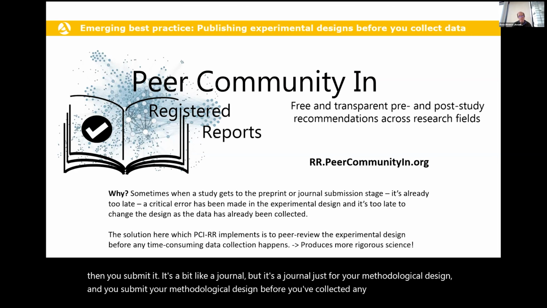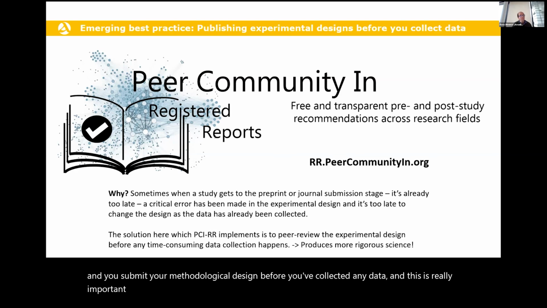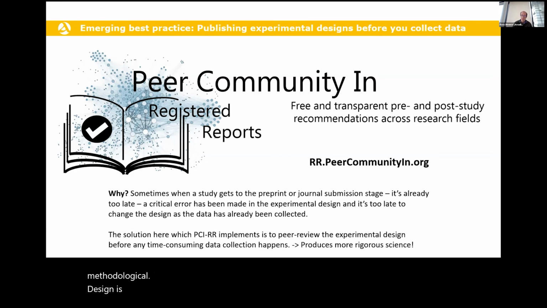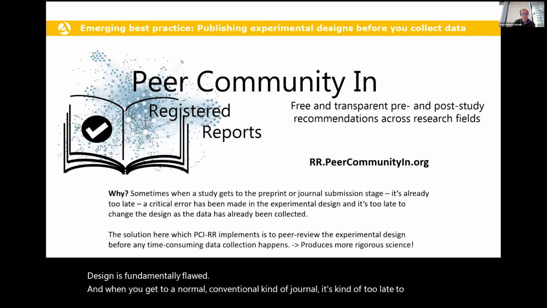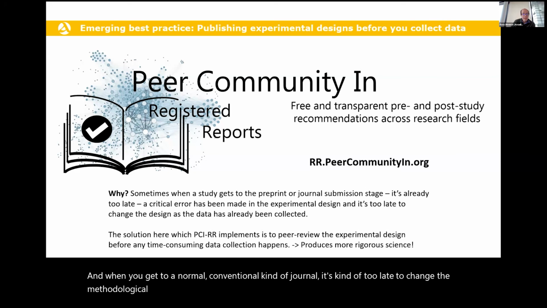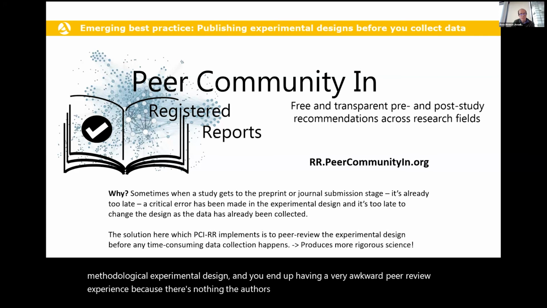And this is really important because often I've experienced when I've been peer reviewing papers that the methodological design is fundamentally flawed. And when you get to a normal conventional kind of journal, it's kind of too late to change the methodological experimental design. And you end up having a very awkward peer review experience because there's nothing the authors can or want to do to change their manuscript.